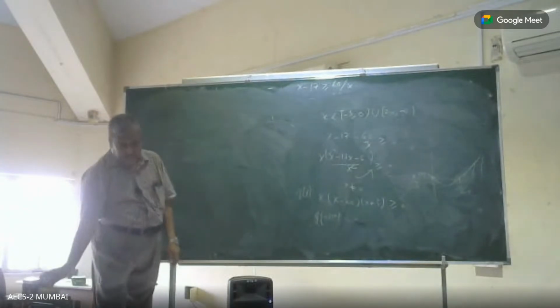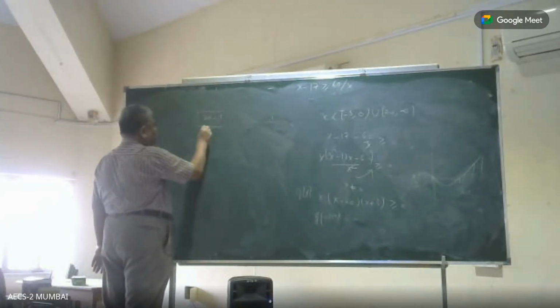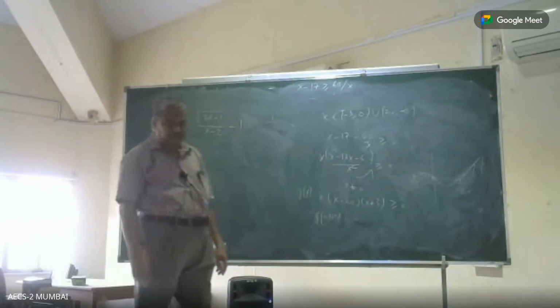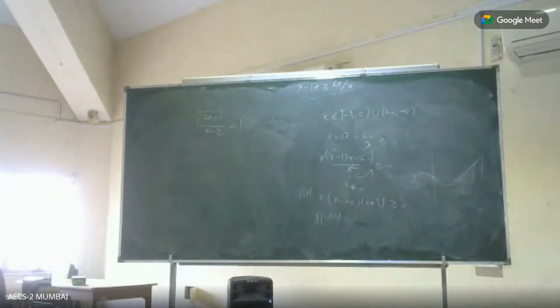This question is there. You have to find all values of x for which this is satisfied. Now keep doing this and keep telling me what answer you are getting.